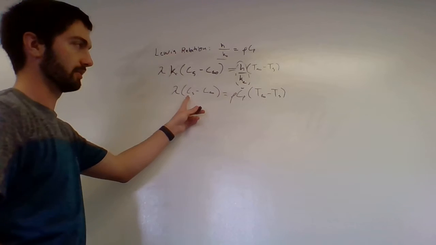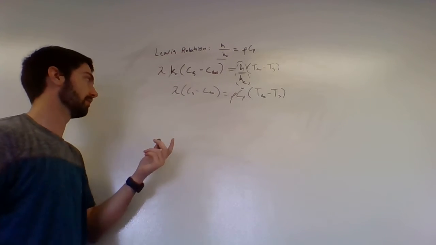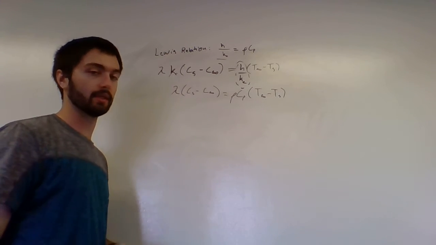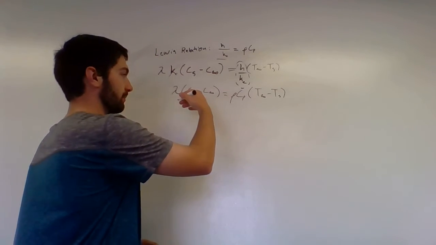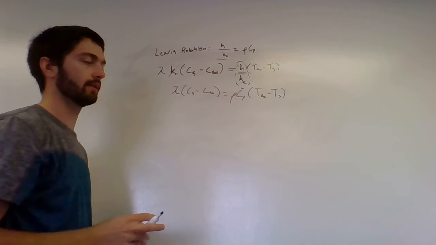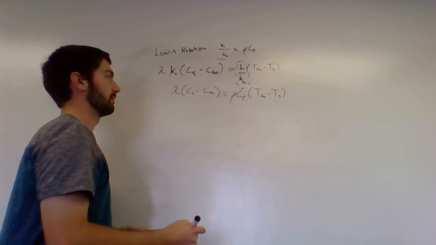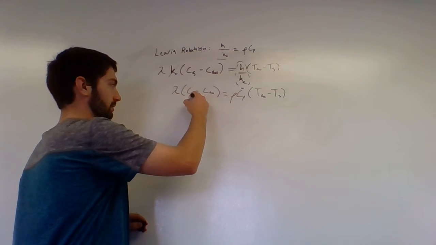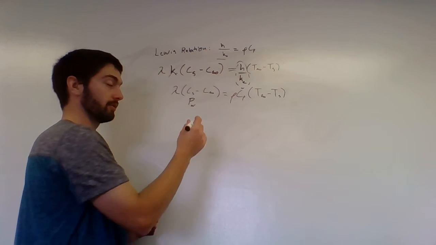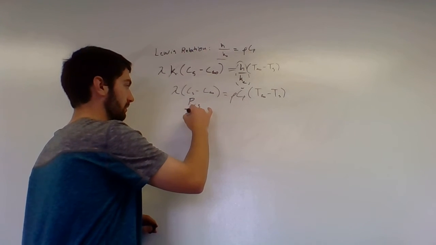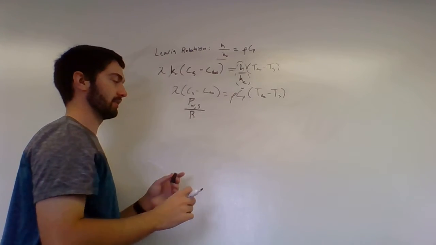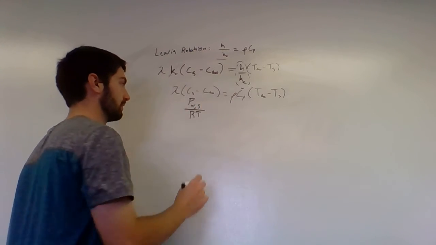So now there's some more simplification we can do that'll help relate it to humidity. You can actually think of concentration and not really simplify, but replace it with terms from the ideal gas equation. So the concentration of water at the surface, well, we know that is equal to the partial pressure of water at the surface over the gas constant times the temperature.